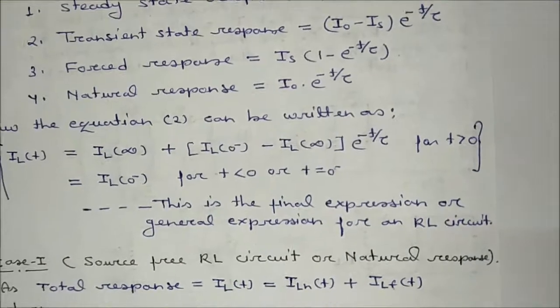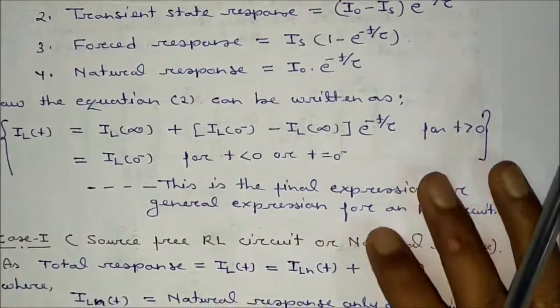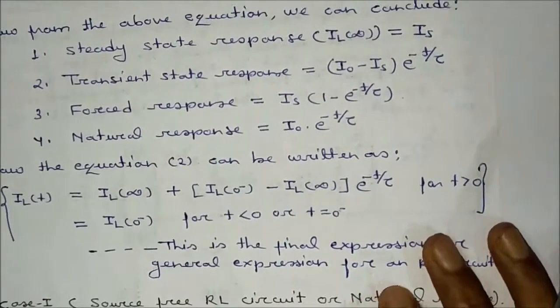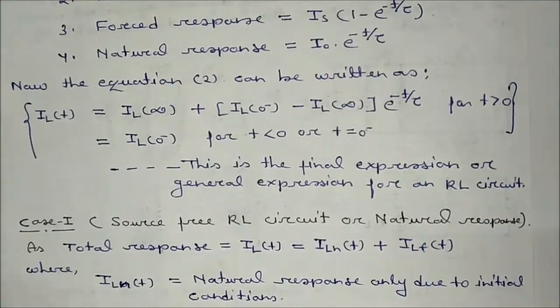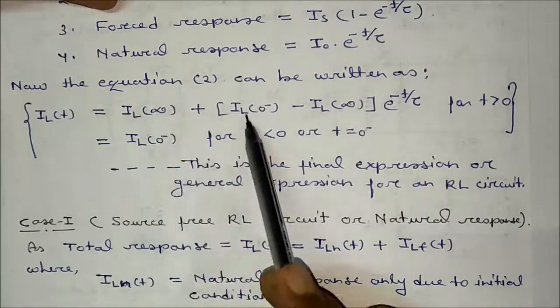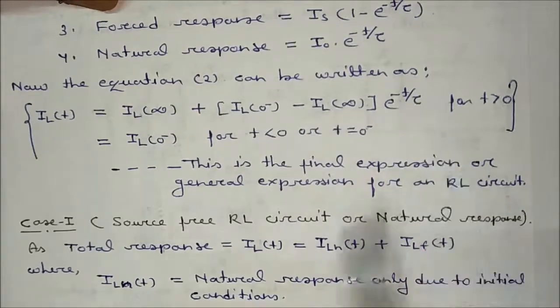So the total response can always be represented in the form of forced response and what? Natural response. So if I write equation number 2, what we got previously can also be written as IL infinite plus (IL 0 minus minus IL infinite) e to the power minus t by tau.